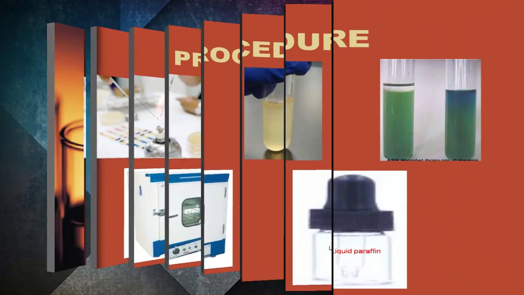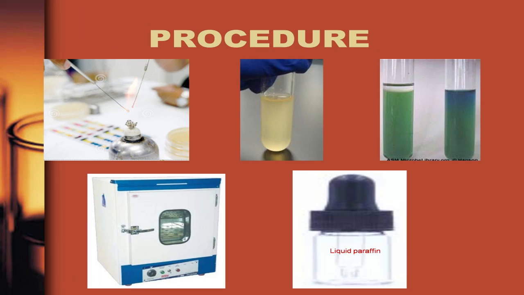Coming to the procedure, sterilize the inoculating loop on a spirit lamp, then dip it inside the bacterial suspension and inoculate into 2 tubes of Hugh-Leifson media. After that, pour the paraffin on top of one tube to make it anaerobic, and then keep both the tubes inside the incubator and incubate for about 24 hours.